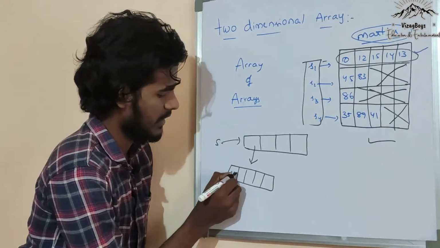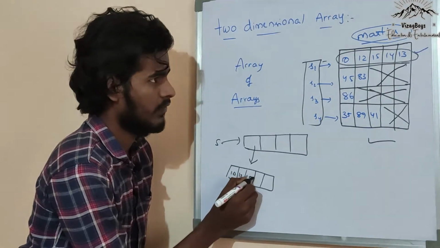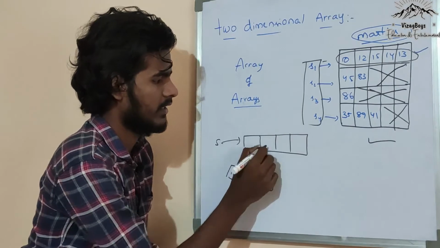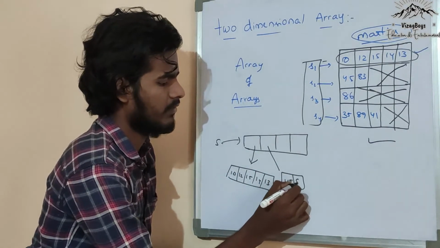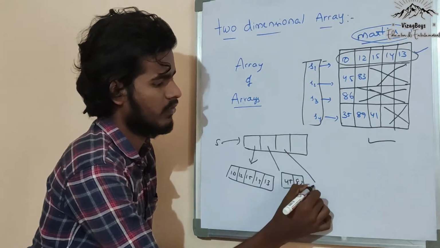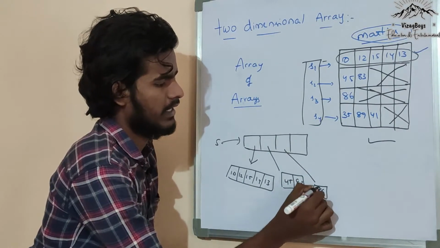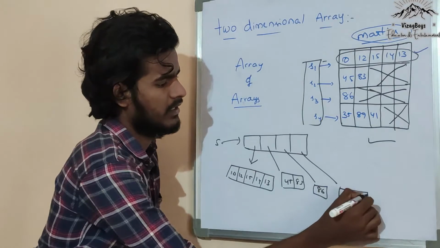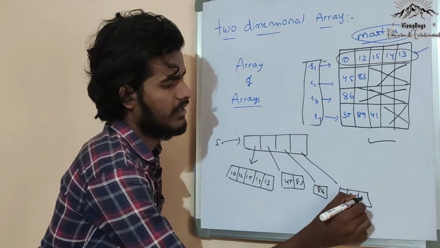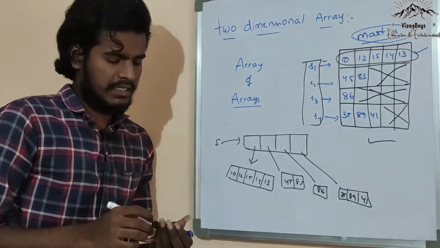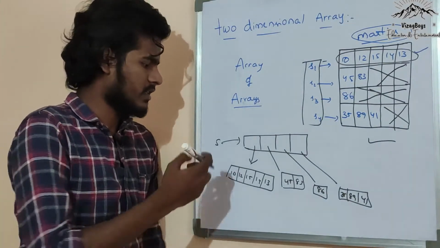What are the marks? 10, 12, 15, 14, 13. Here only 2: 45, 83. Here only 1: 86. Here 3: 35, 89, 41. Friends, this is the array of arrays approach.